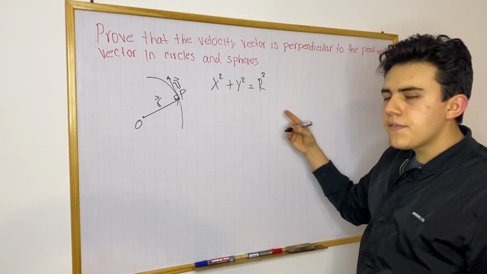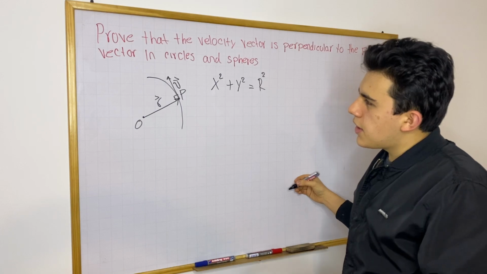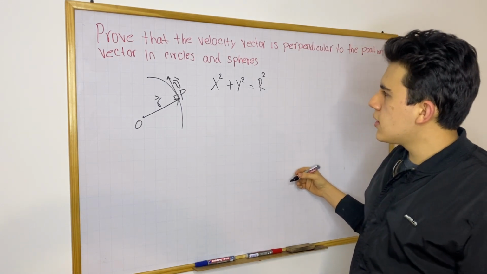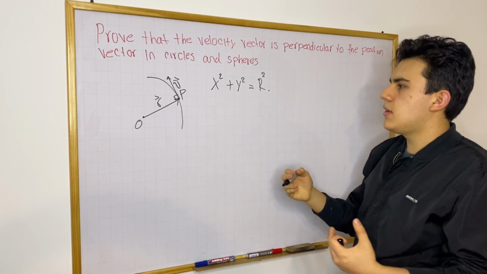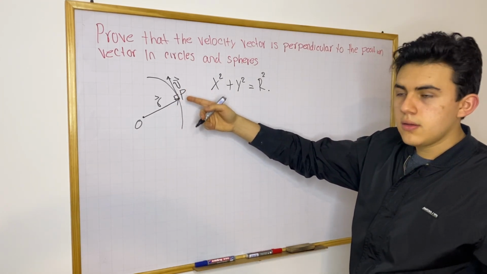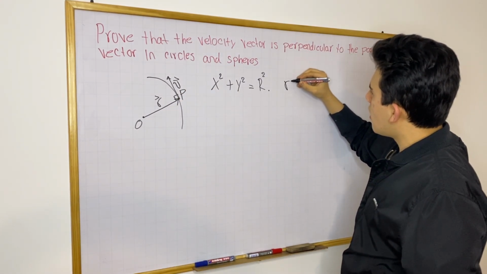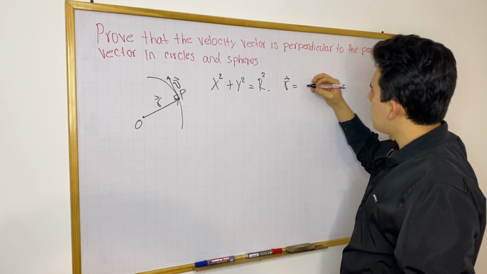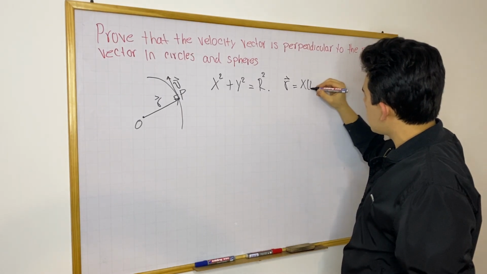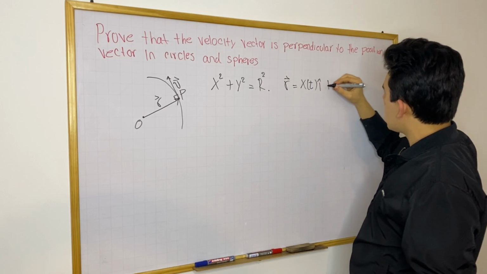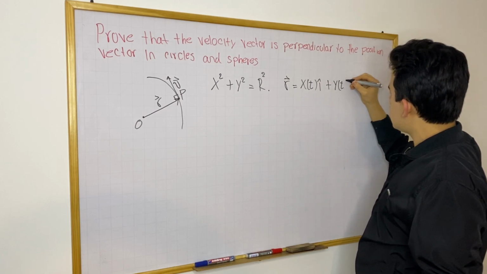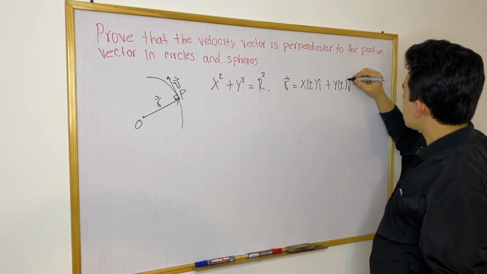If we have this equation, it may be hard to notice at first, but we could do the following. First of all, I'm going to define some symbols for the vectors r and v. I'm going to say that r is simply going to be a function x of t, with respect to the parameter t, in the i hat direction, and another function y of t in the j hat direction, okay?